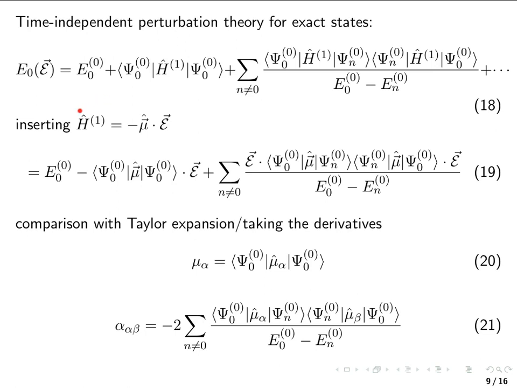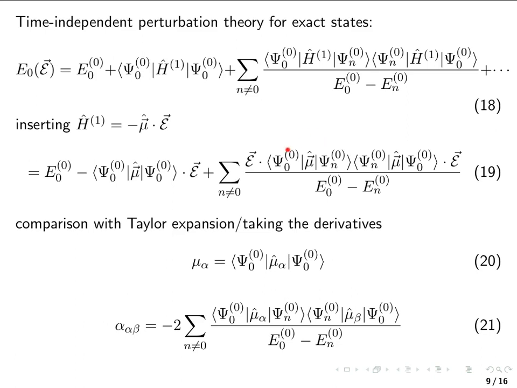Now if we insert the expression for our perturbation Hamiltonian, which is the scalar product of the dipole moment operator and the electric field, both here, which gives us that, and up here, then you hopefully can already see that this is actually the expectation value of the dipole moment operator in the unperturbed state. So that's just our dipole moment again.